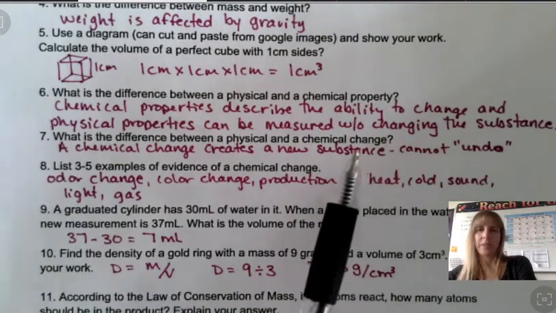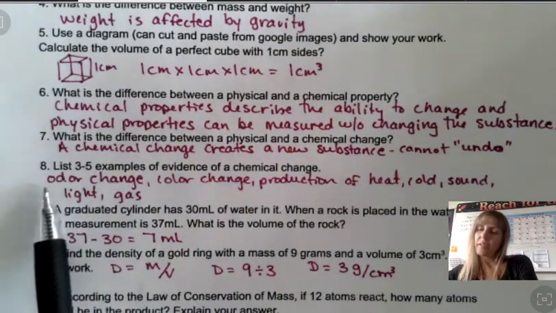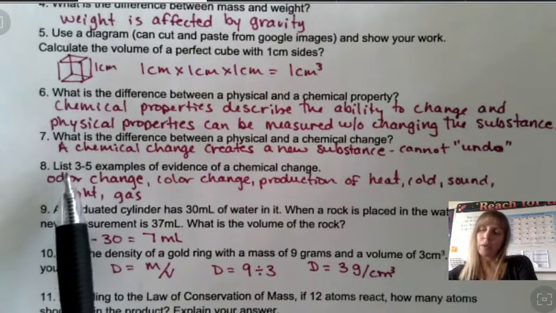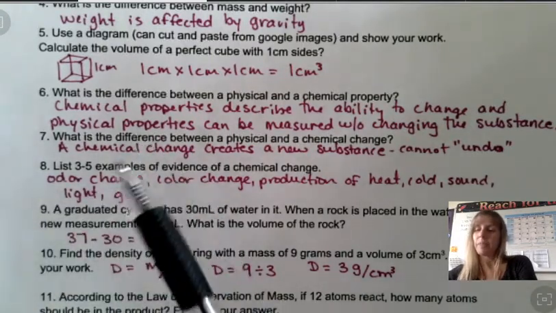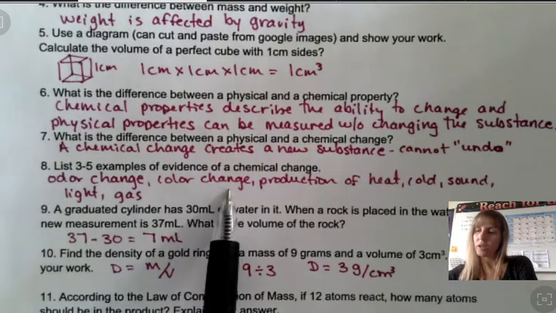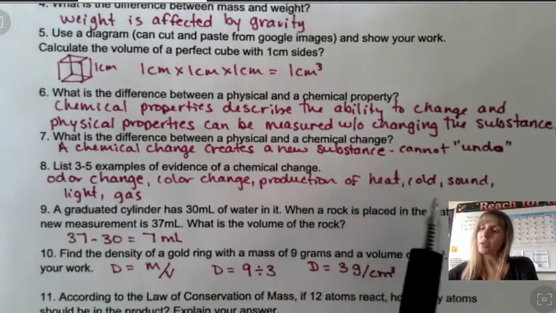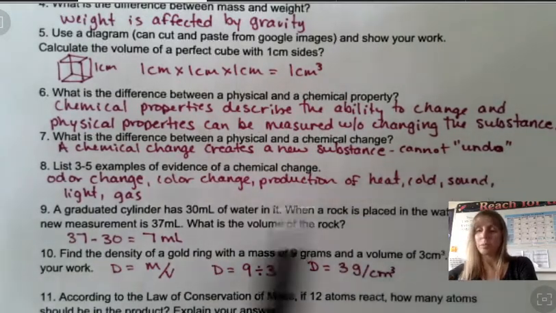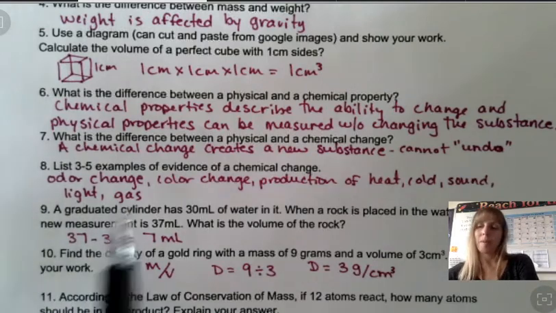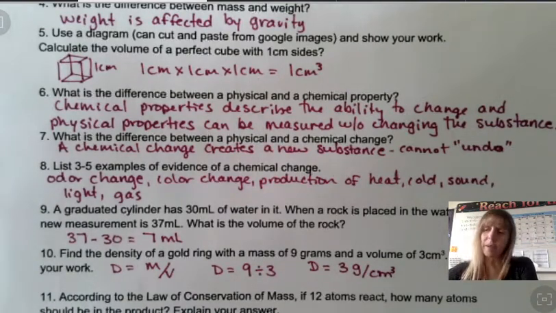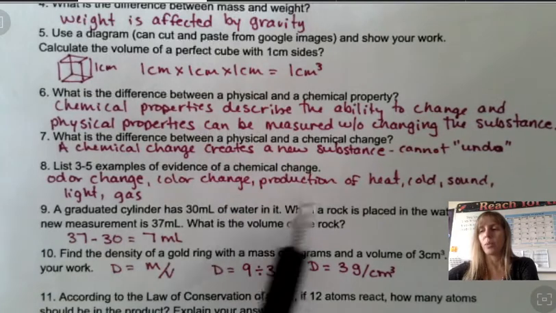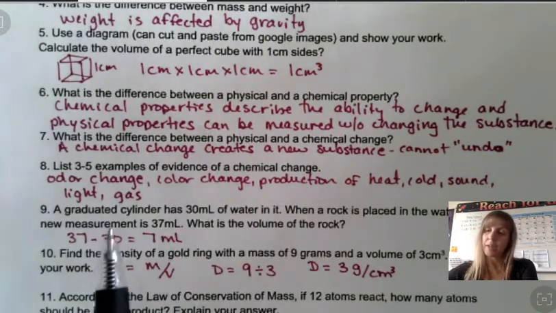It's really like a done thing. Number 8, list 3 to 5 examples of evidence of a chemical change. You might notice an odor change, a color change. Heat is produced, cold is produced, sound is produced, light is produced, or maybe a gas is produced. Sometimes more than one of these things happens at the same time.